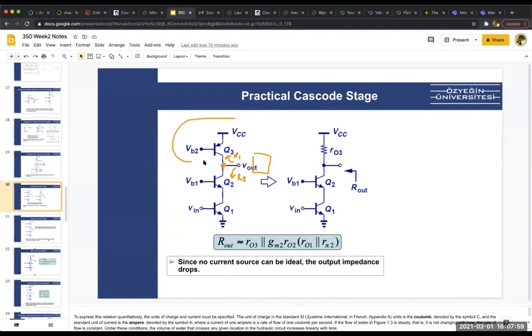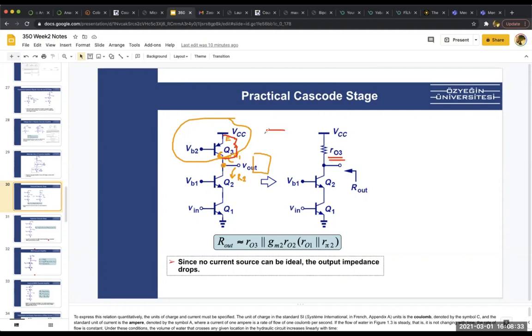Looking into this circuit, well, this is just a PNP, and this is emitter. Here is collector. If it's an emitter, it's a low impedance. If it's a collector, it's a high impedance. So looking into the circuit, if you draw the small signal, you'll only see RO3.